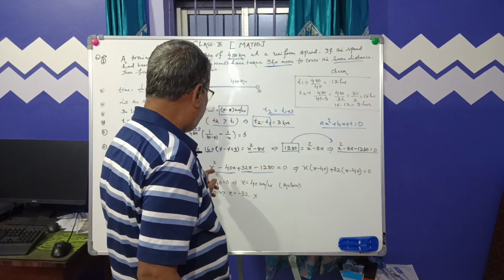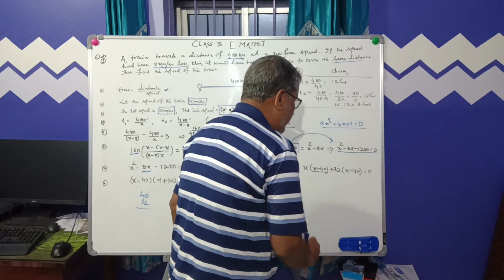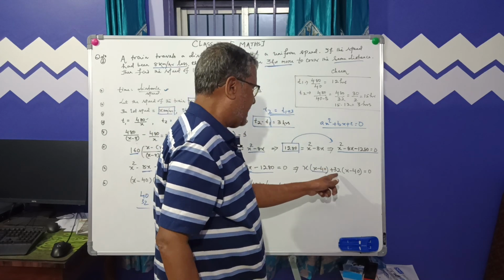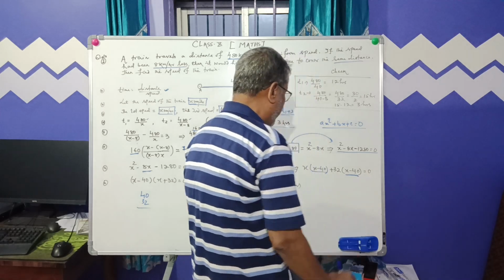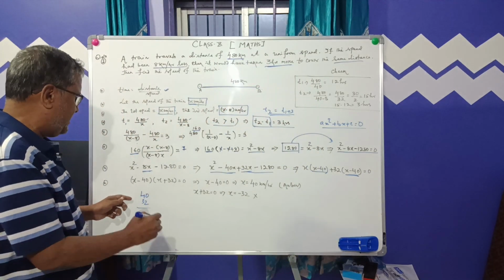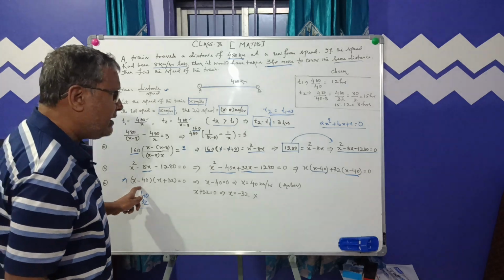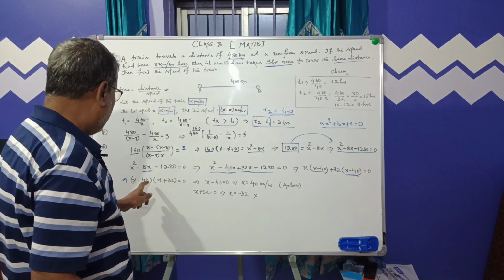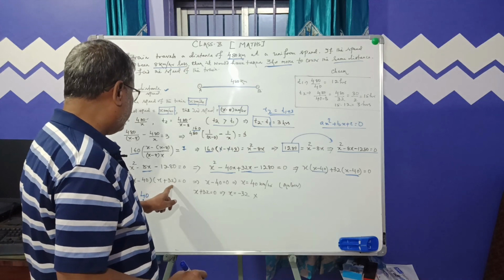Now let us take common x. So it will be x minus 40, and take common 32, the same factor, x minus 40 is 0. So taking x minus 40 common, we get x plus 32 is 0.